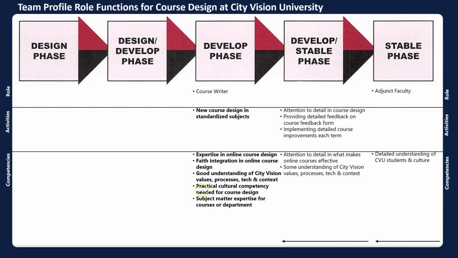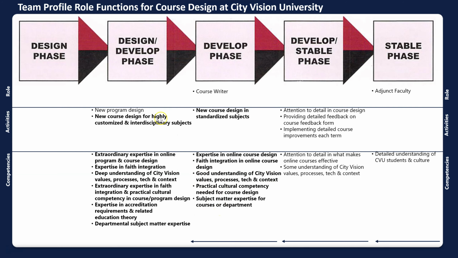So what are the competencies that you need for that? You need expertise in online course design, faith integration in online course design, a good understanding of City Vision's values, processes, tech, and content, practical cultural competency needed for course design, and subject matter expertise for courses or department. Now, if you're doing a new course design for highly customized or interdisciplinary subjects, then you need extraordinary expertise in online program and course design.